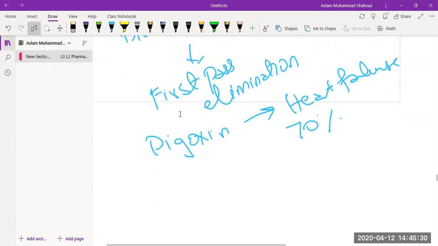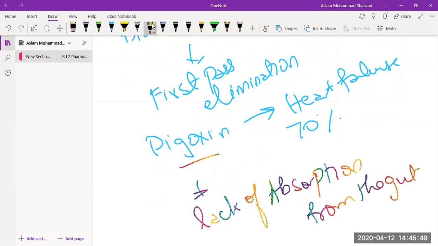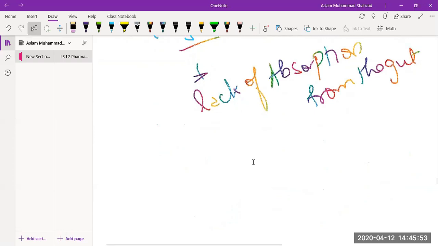Because of lack of absorption from the gut. Now you have to understand why the drug is less absorbed and why there is less bioavailability. We have to understand the nature of the drug.